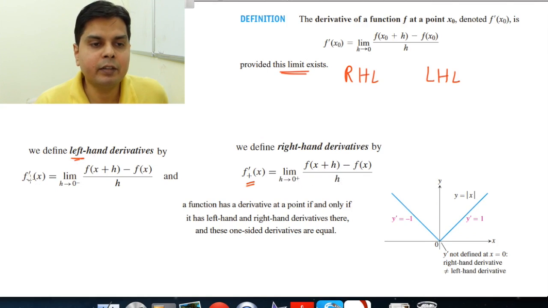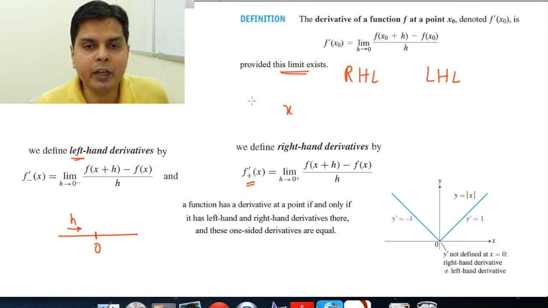Similarly, the left hand derivative f prime minus x will be limit h tends to 0 minus, meaning that suppose this is your 0, then h is tending to 0 from negative values. You are approaching this point x. Suppose this is my point x.